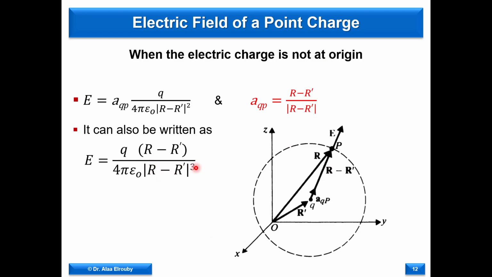So the cube of the magnitude of the position vector of observation minus the position vector of source. So those are two equivalent expressions for the electric field at an arbitrary observation point because of a point charge located at an arbitrary position.